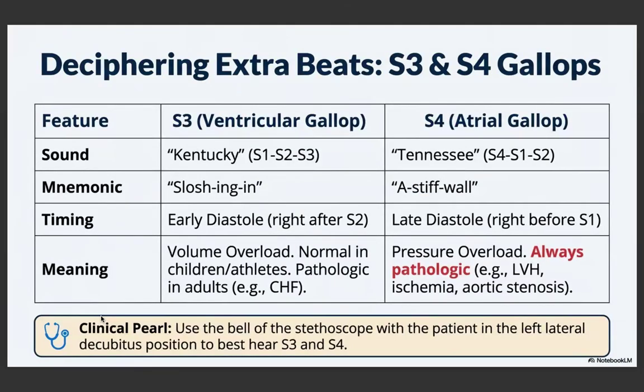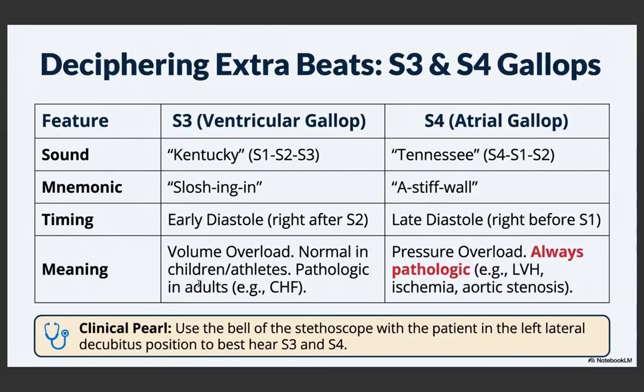Okay, so an S3 apparently sounds like Kentucky, S1, 2, 3. It's kind of like a sloshing sound. It's literally just a really quick extra beat most of the time when you hear an S3 sound. Because of that fluid volume overload, it's going to push out blood and then whatever's kind of left in the heart, or kind of just float in from the ventricle, it's going to make more space by pushing it out again.